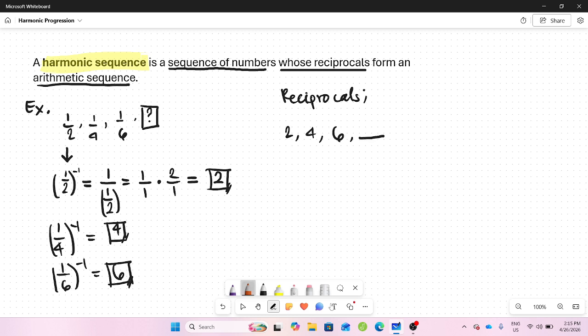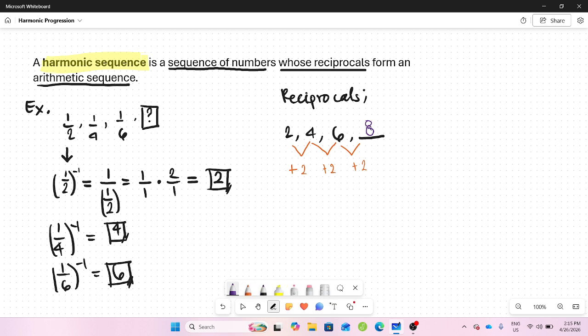But before that, notice that this has a common difference of positive 2. So our expectation here is that the next term should be 8. That should be the value of the next number.